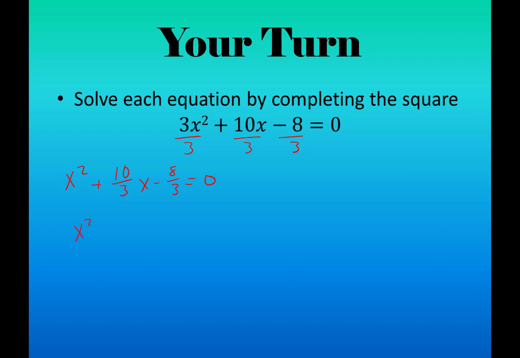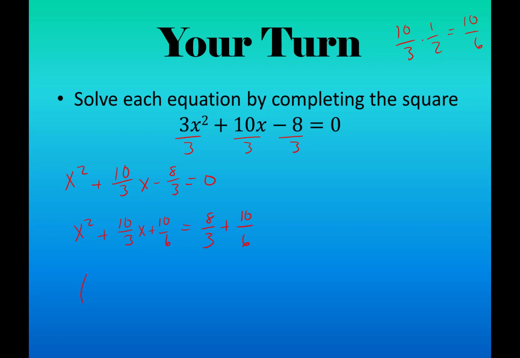And so x squared plus 10 over 3 x. I'm going to add 8/3 to both sides. Okay, so 1/2 of 10 over 3 is 10 over 6. So if I add 10 over 6 to the left, I have to add 10 over 6 to my right. Oh, and then I gotta square it.